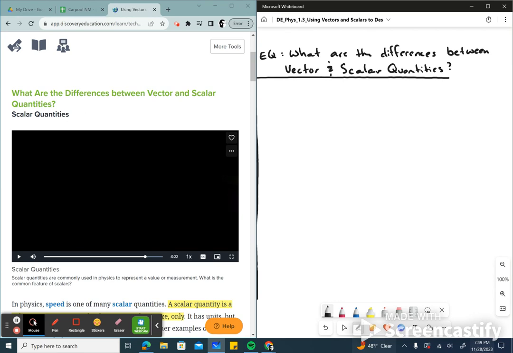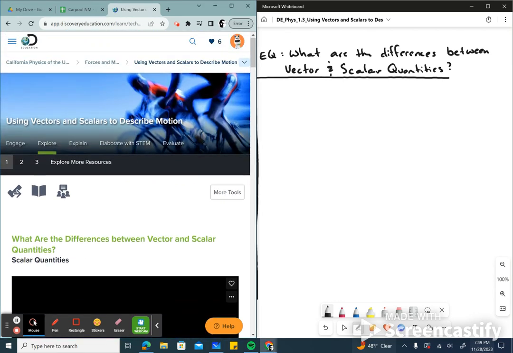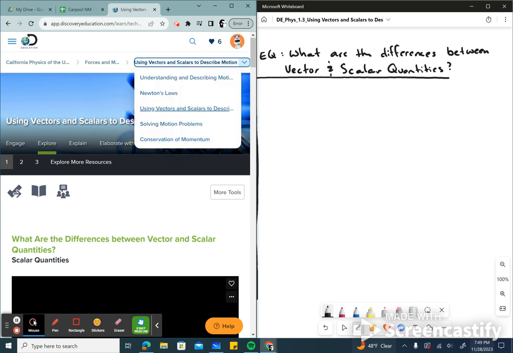Okay, and if we come back over here, we are in Explore number 1. It's called Using Vectors and Scalars to Describe Motion. You can see we've already done Newton's laws and understanding and describing motion, so we're on the 3rd chapter of 5.